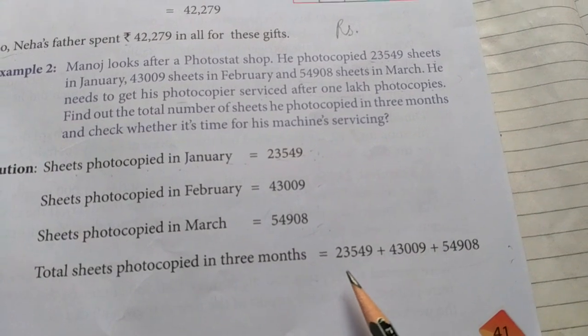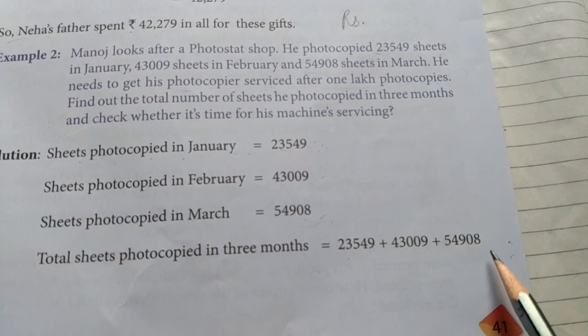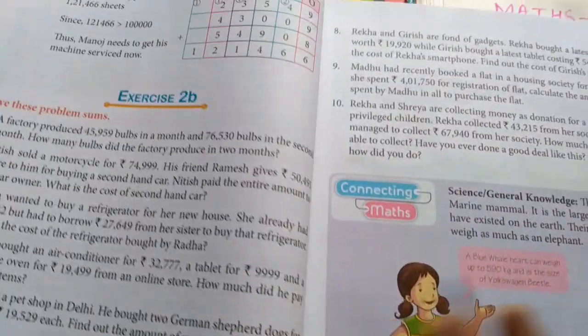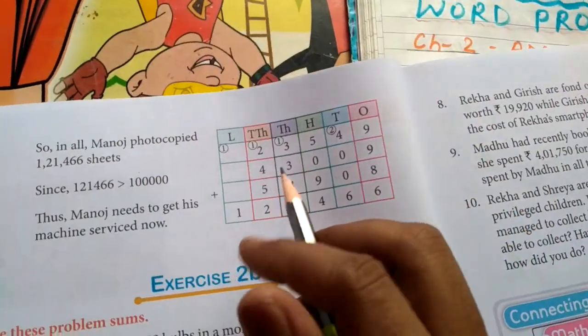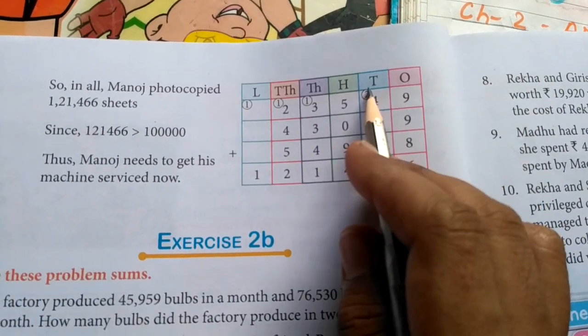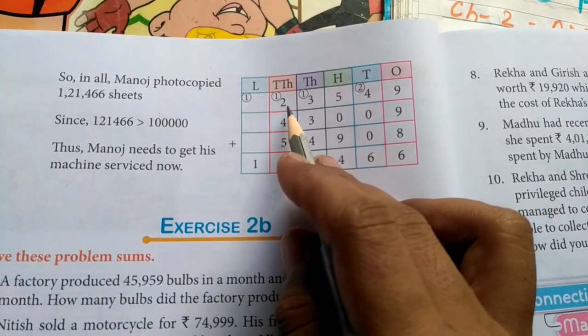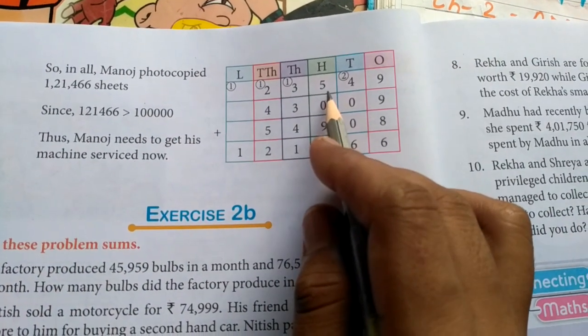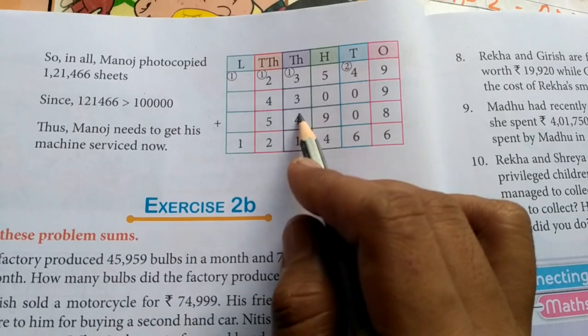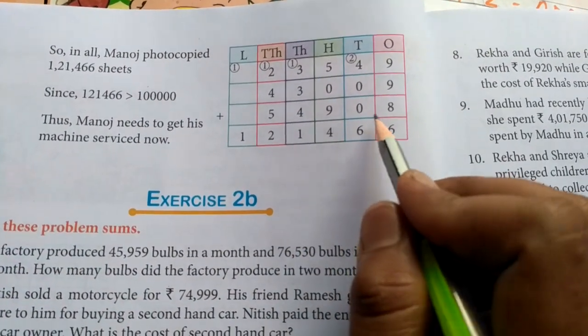So let's add it up. It is 23,549, it is 43,009 and it is 54,908. So again we will place it in this format in place values: ones, tens, hundreds, thousands, 10,000s, lakhs. The first was of January, 23,549, then of February, 43,009, then of March, 54,908.